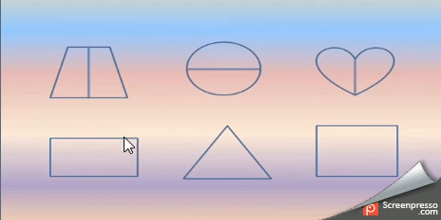Okay, mister, in the rectangle, how can I divide it into congruent shapes? Can I draw vertical or horizontal? Both divide it into congruent shapes. Mister, in the triangle, how can I draw a line segment dividing it into congruent shapes? I can draw vertical, but I can't draw horizontal.